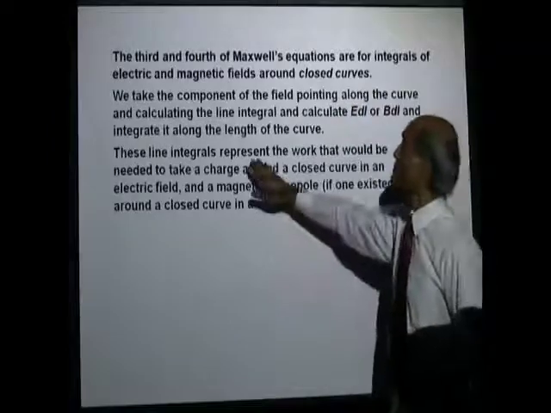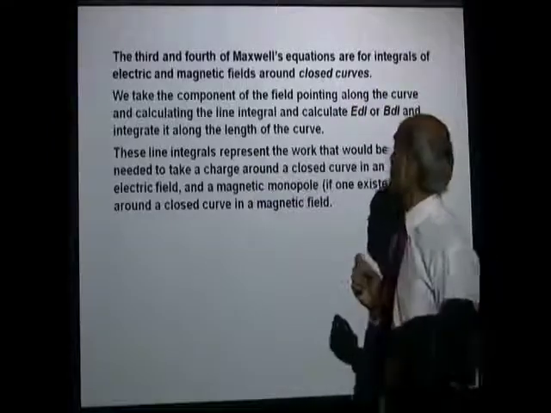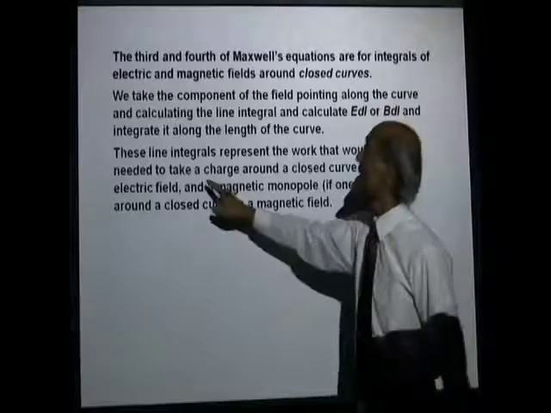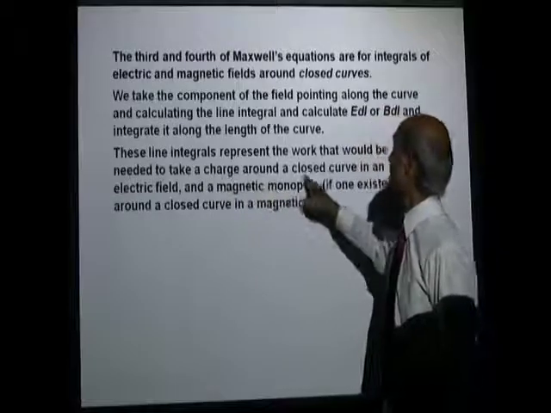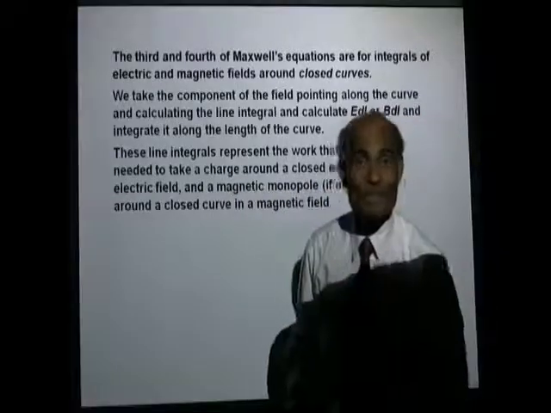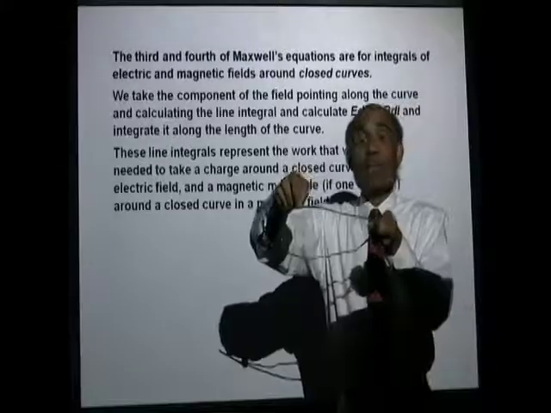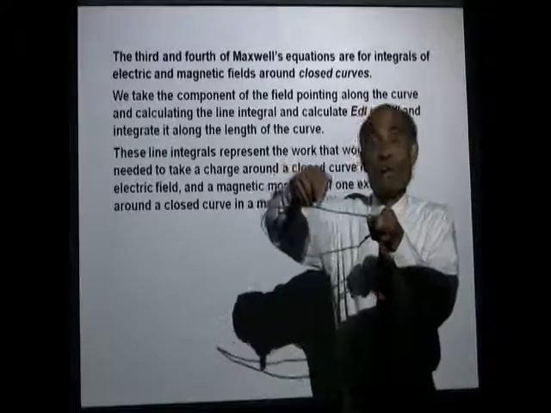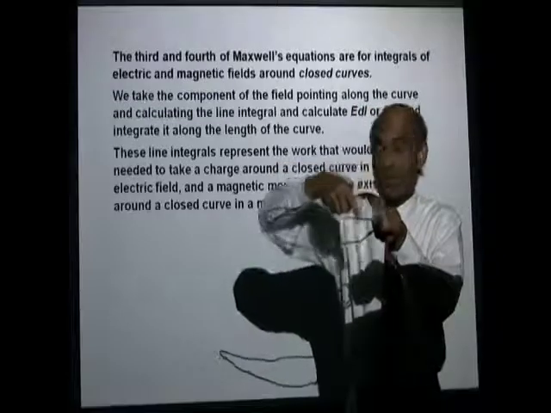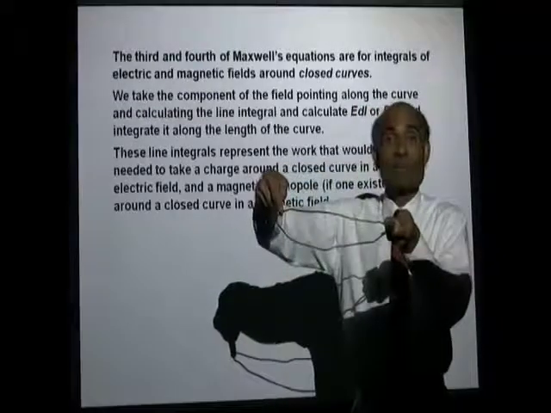Now, these line integrals represent the work that would be needed to take a charge around a closed curve. So E dl is a measure of work done to take a unit charge around this closed path.